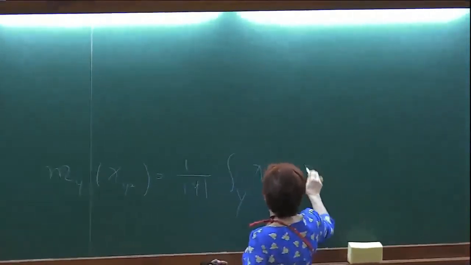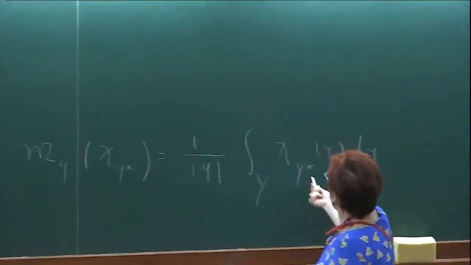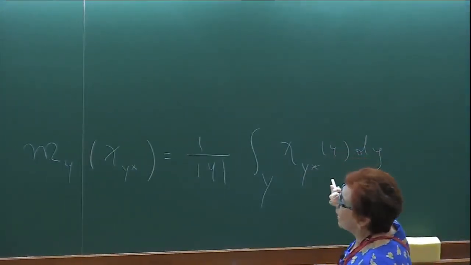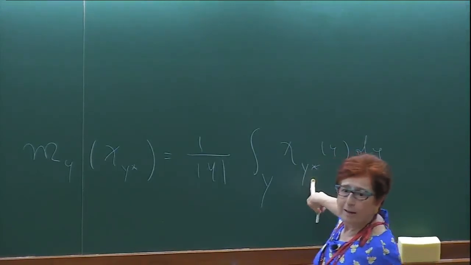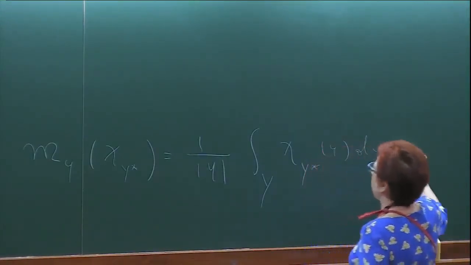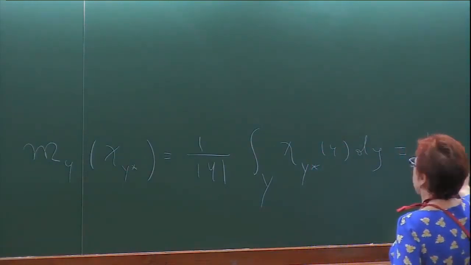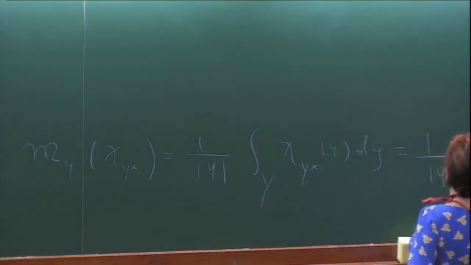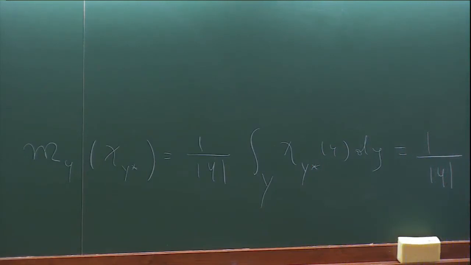Okay, but what is chi_{Y*}(y)? It is 1 on Y*, and 0 outside. So actually this is 1 over |Y|, the integral over Y* of 1 dy. This is the measure of Y*, so it is exactly the measure of Y* over |Y|.